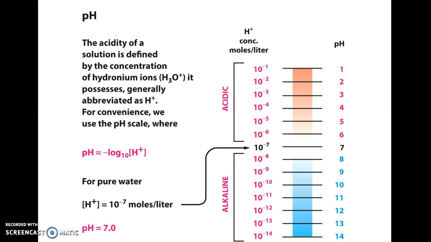In life, we try to keep most solutions just barely basic, maybe in the 6.8 to 8.5 region. Acidosis in the blood will end up killing you, and so we have several buffers in our blood to maintain our blood pH.